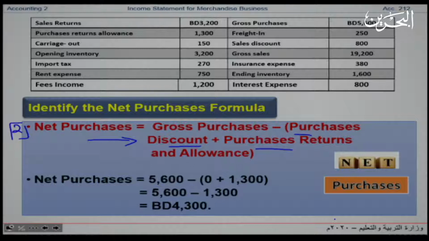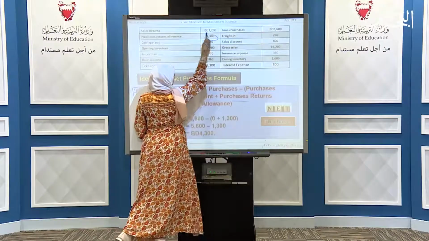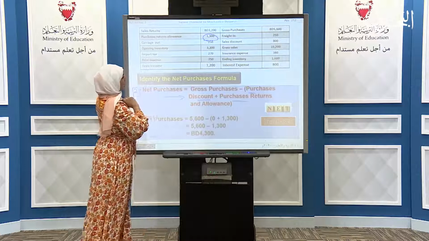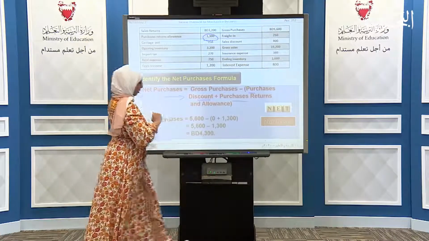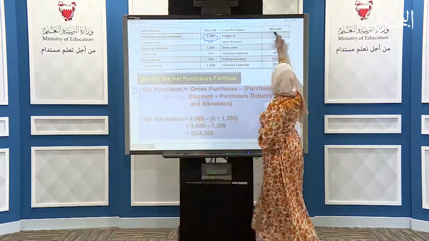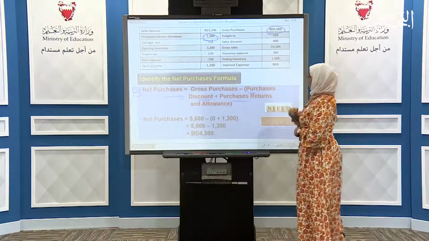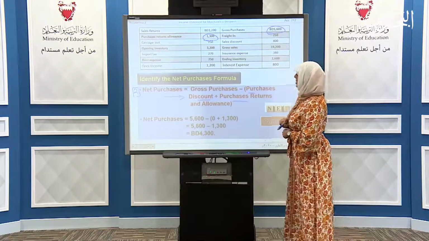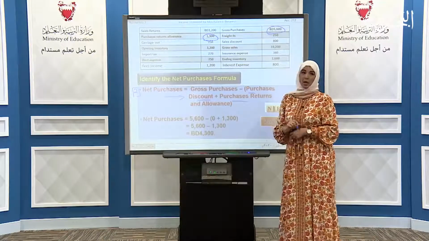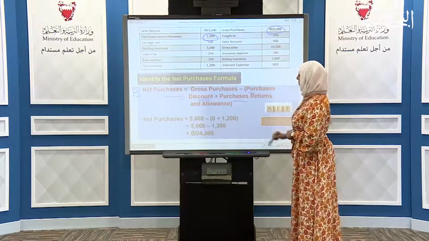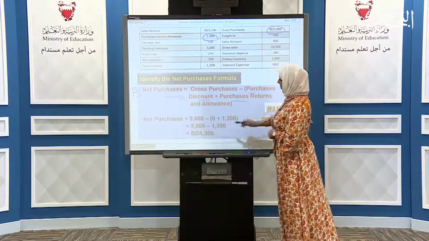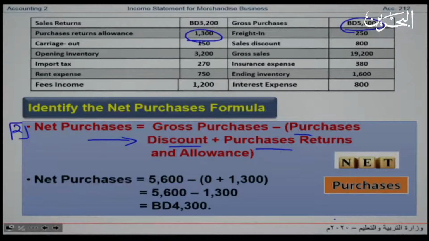We have here the purchase return and allowance, and also we have the gross purchase. If we are looking about the purchase discount, there is no purchase discount in our data, so we will apply it by 0. Let us do our formula. The gross purchase will be 5,600, and we will subtract the total of purchase discount and purchase return and allowance.